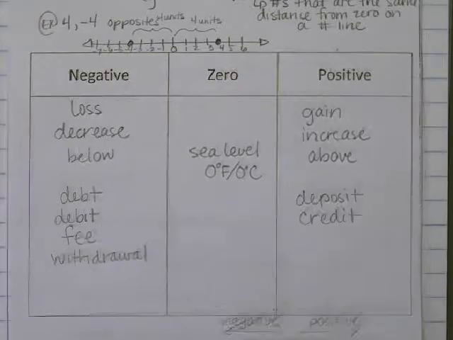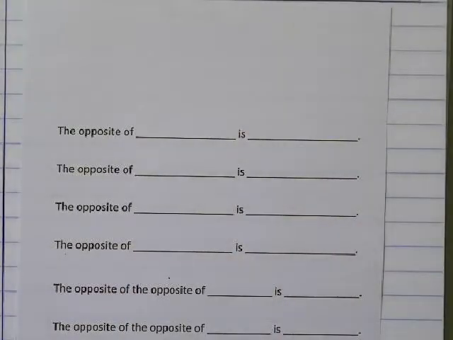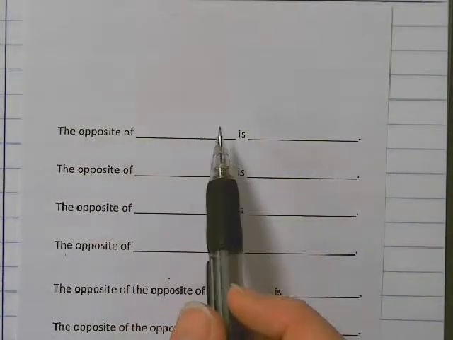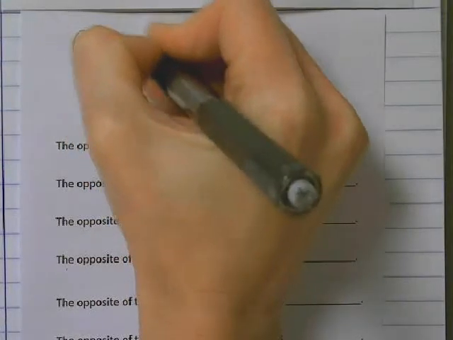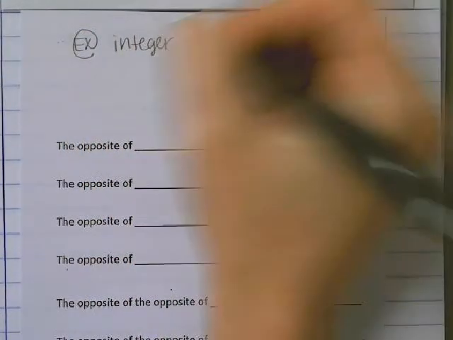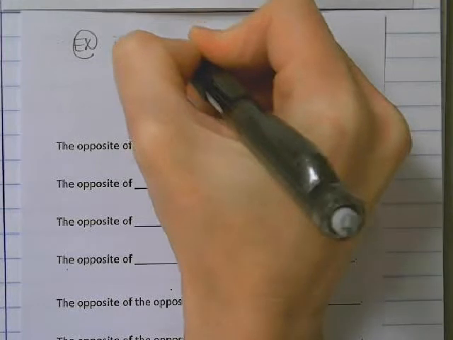We're going to be referring to the opposite of a specific integer. So right now, I am going to start with an example. My first example is just going to represent the integer 3.